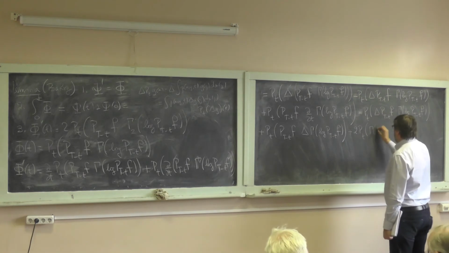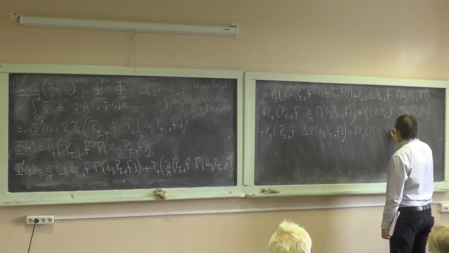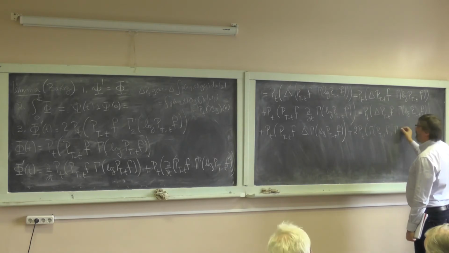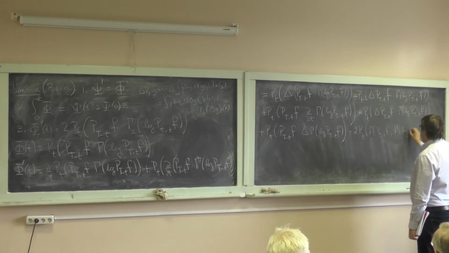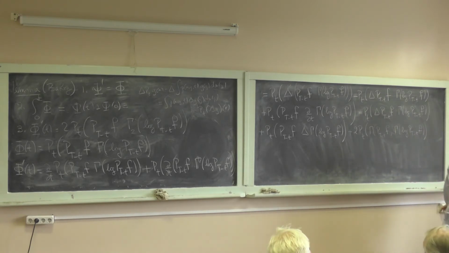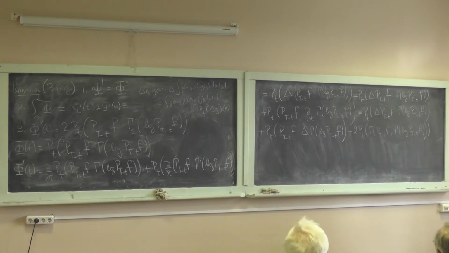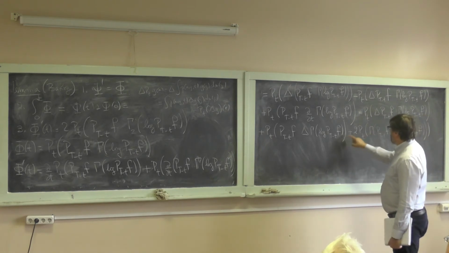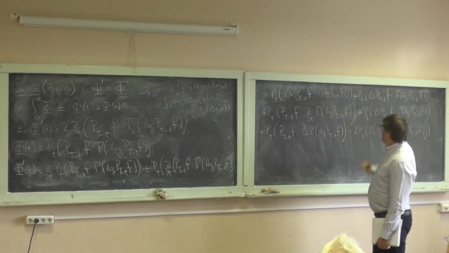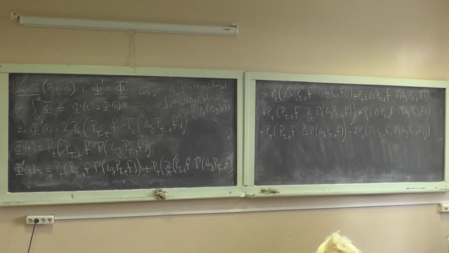So I have gamma of p_{t-f}, and then gamma of log of p_{t-f}. So this is one function and this is another function. And let's put a third parenthesis here. Okay, so this takes care of the first term. The second term, we keep it the way it is right now.